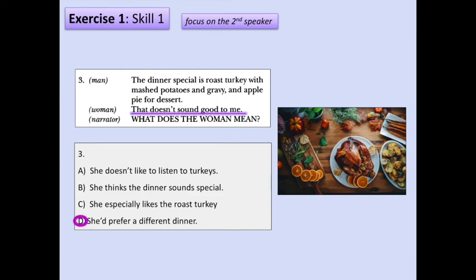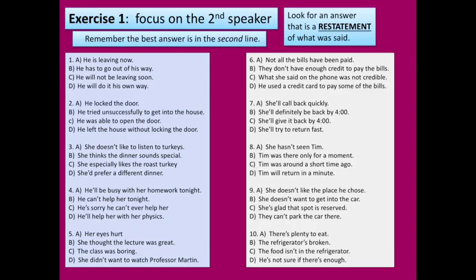Here we have to make another intelligent guess. She said that the dinner special does not sound good. So we can guess that if she does not like the special, then she would prefer a different dinner. So D is our answer. Now we have looked at the first 3 questions.